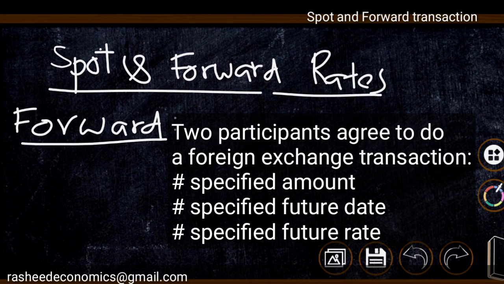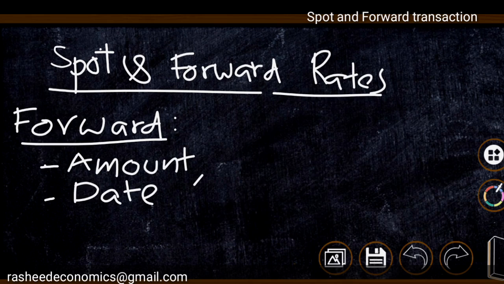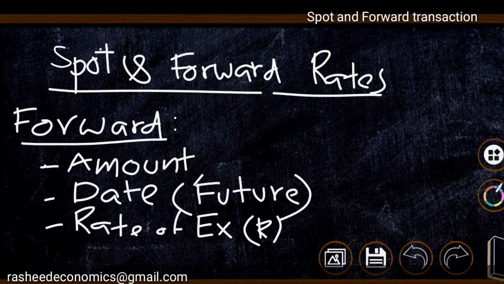Here the amount of transaction is specified, the date of transaction is specified, but the specified date will be a future date. The exchange rate is also specified. Thus, in the agreement, amount, date and rate are specified.